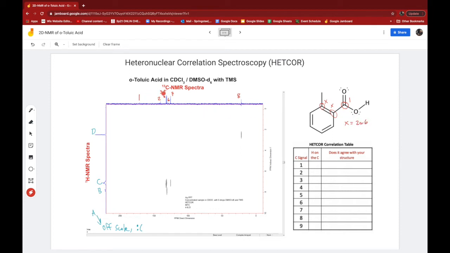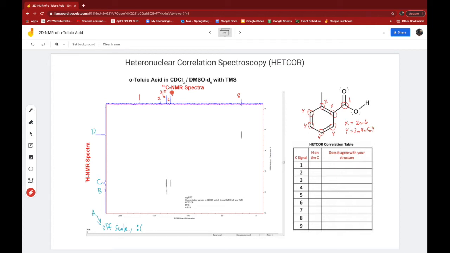Then 3, 4, 5, and 7, they all have hydrogens on them. Those are these ones. 1, 2, 3, 4. I'll call those Y. So Y is signal 3 or 4 or 5 or 7.